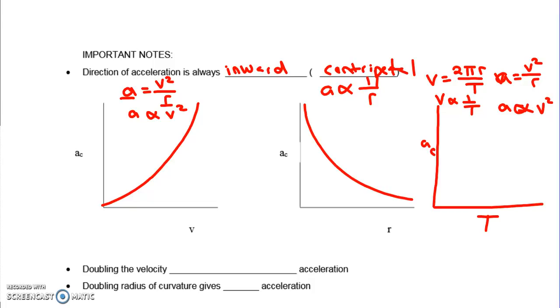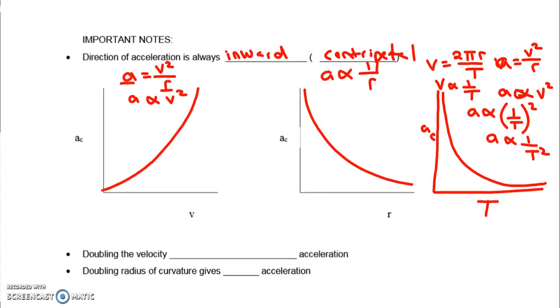So basically, to get how A and T are related, I'm replacing the 1 over the period for my V, plugging in 1 over T squared. So A is proportional to 1 over T squared. If you type this into your calculator, it's what we call an inverse squared relationship. It still looks like an inverse, just a little steeper.